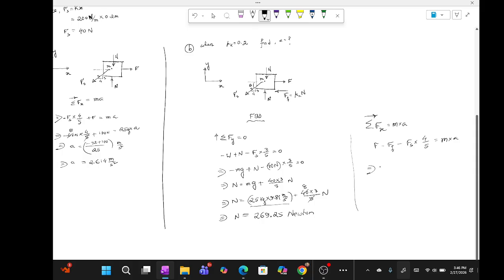All right, so then let me try to find m multiplied by a here, and this F, I'm going to rewrite the same thing. Fs multiplied by 4 divided by 5, and then I'll start to plug in all the values. So 100 Newton minus 0.2 multiplied by N, right?